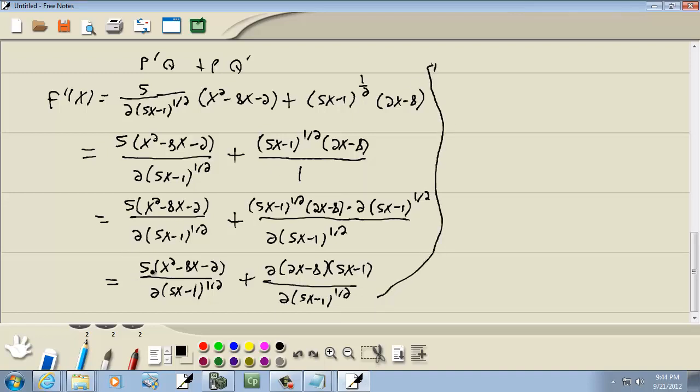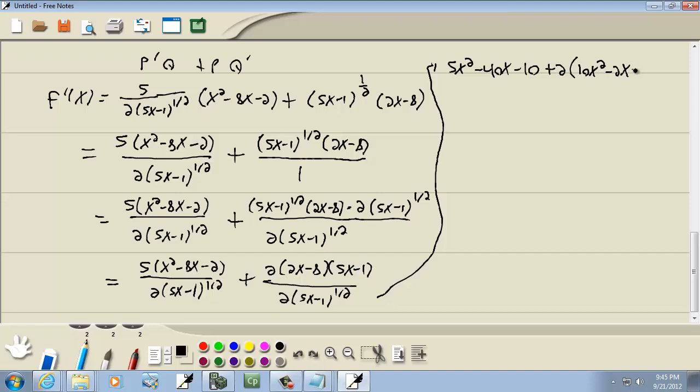Well, we'll simplify it. I'm going to go ahead and multiply the 5 through. So we got 5x squared minus 40x minus 10. And I'm going to merge these into a single fraction while I'm at it. Plus 2 times 2x minus 8 times 5x minus 1. That gives us 2x times 5x is 10x squared. 2x times negative 1 is negative 2x.